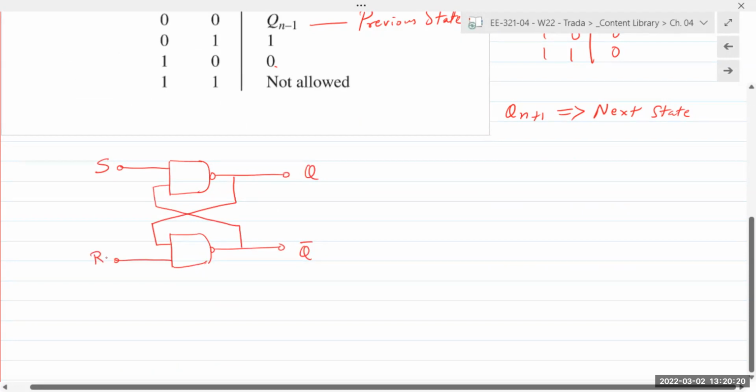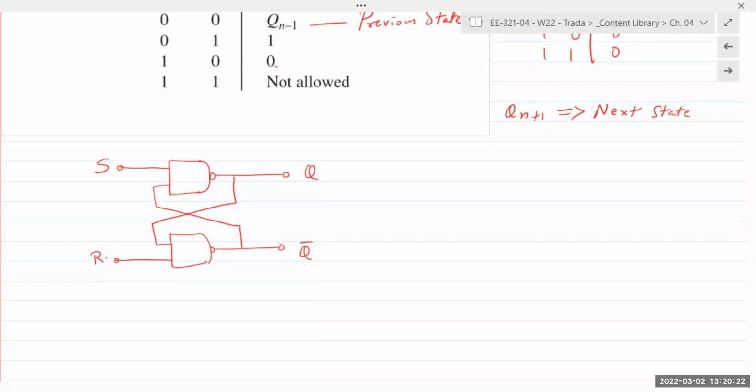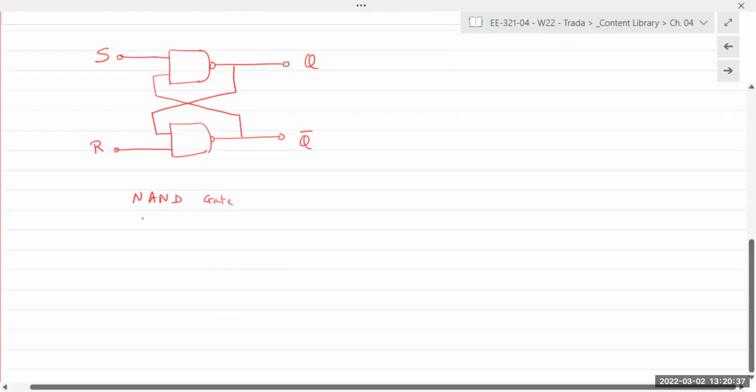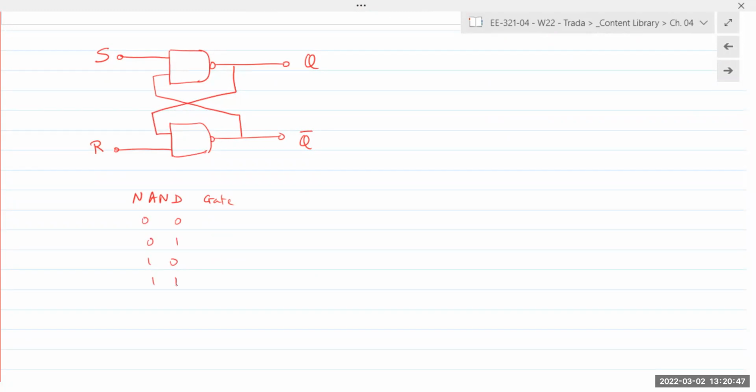A NAND gate is an AND gate mated with a NOT. The truth table of a NAND gate is there in the previous slide, but I'll write it out here. What is it? Does anyone remember? Even if you don't remember, you should be able to figure it out.